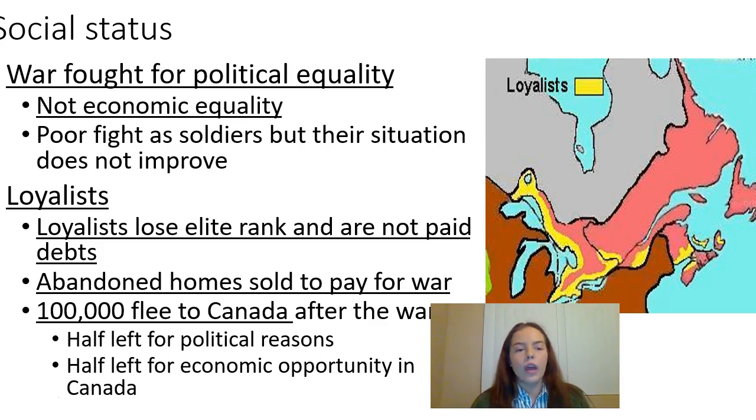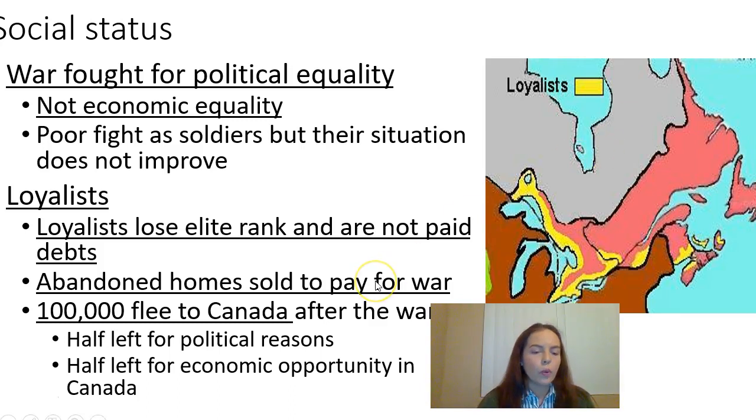The loyalists are also not paid for their debts. So they're going into debt, they're not able to pay for their homes, and many of them abandon their homes, and Congress decides to take these abandoned homes and sell them in order to put more money back into our economic system and start to chip away at some of this debt.